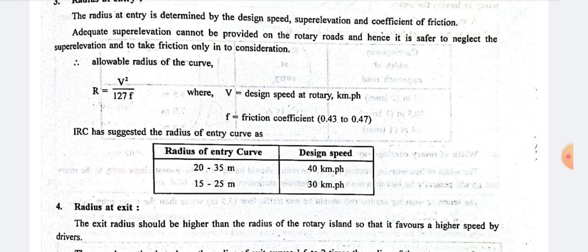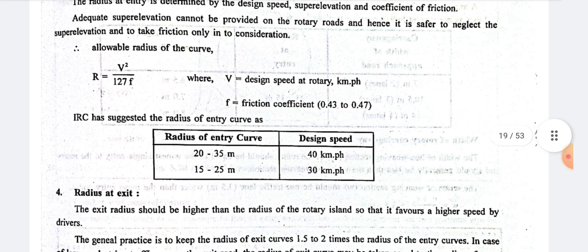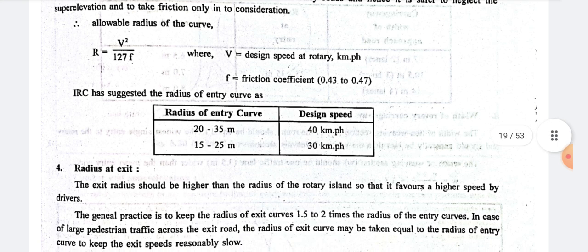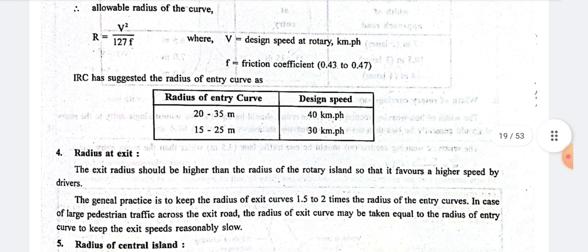So the allowable radius of curvature R is V squared divided by 127 F. Here V is the design speed of the vehicle. As we already discussed, in a rural area we take a speed of 40 kilometers per hour, and in an urban area 30 kilometers per hour. F is the coefficient of friction, and for F we take 0.43 to 0.47.